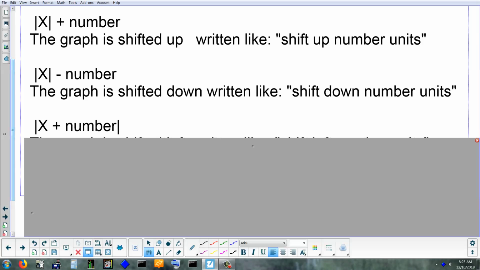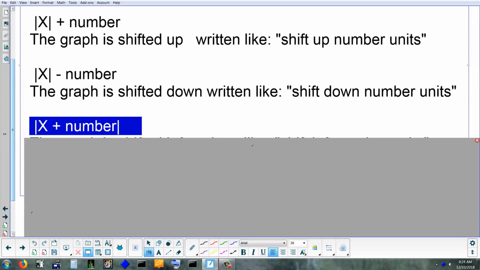How about this one? It's addition inside. So we know addition outside was a shift up. How about addition inside? Which way is that going to shift it? Horizontal shift, which way? Well, we just said this one was down. So this one is a little different.